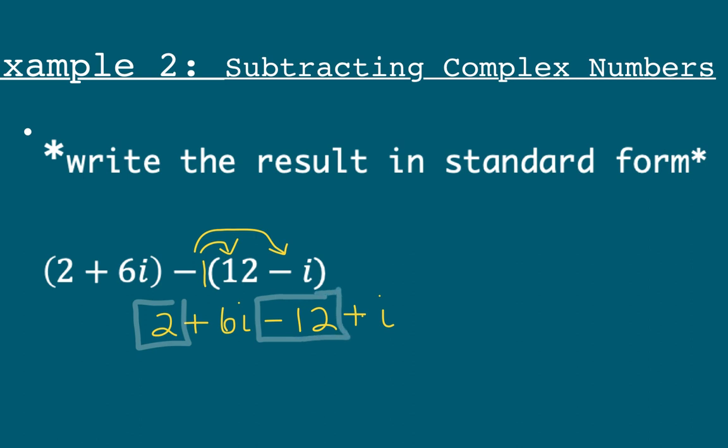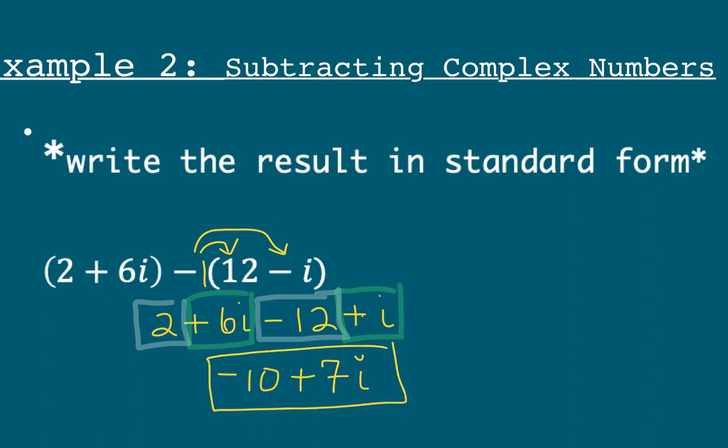So I'm going to combine those, and I end up with a real minus 10. So now I'm going to look for my imaginary parts. I have a positive 6i and a positive 1i. When I combine those, I end up with a positive 7i. So my result in standard form is a negative 10 plus 7i.